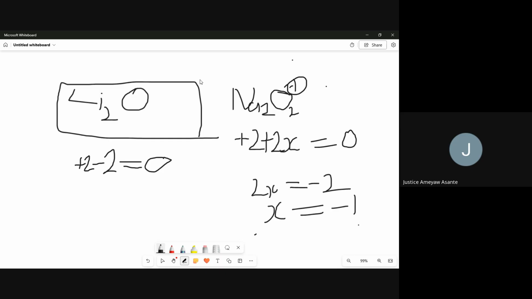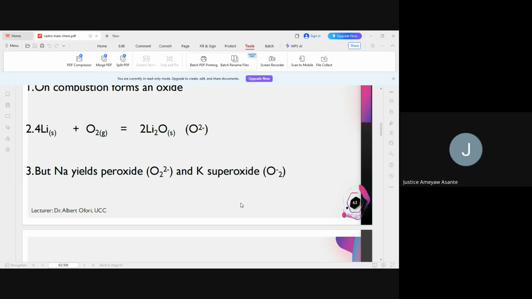One of the properties of lithium that is different from other group members is its oxidation states. It's not able to form peroxides, but it's able to form an oxide with oxidation state -2. Lithium differs from all the other group 1 elements because it cannot form peroxide or superoxides.